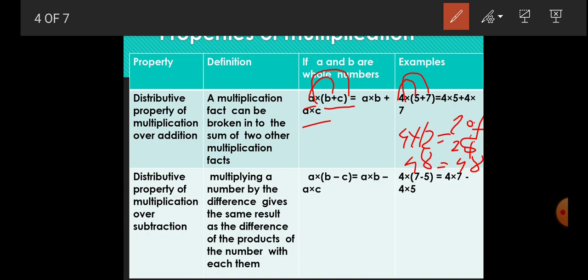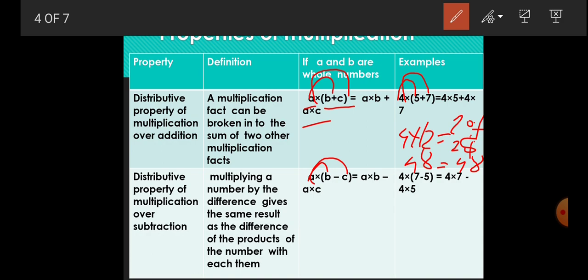Now distributive property of multiplication over subtraction. Multiplying a number by a difference gives the same result as the difference of the products of the number with each of them. Means a multiplied by, in bracket, b minus c equals a multiplied by b minus a multiplied by c. The answer remains same. For example, 4 multiplied by, in bracket, 7 minus 5 equal to 4 is multiplied by 7 also and 4 multiplied by 5 also.